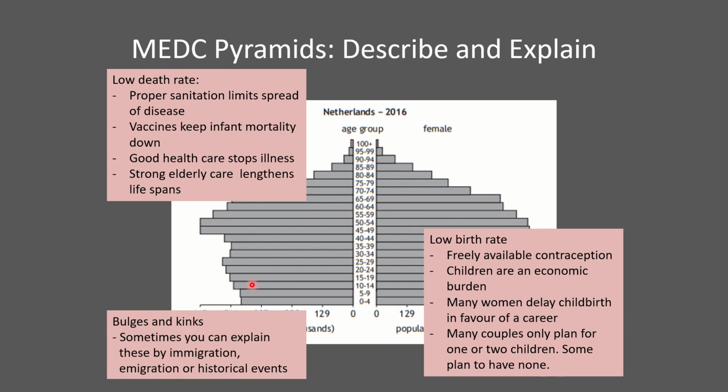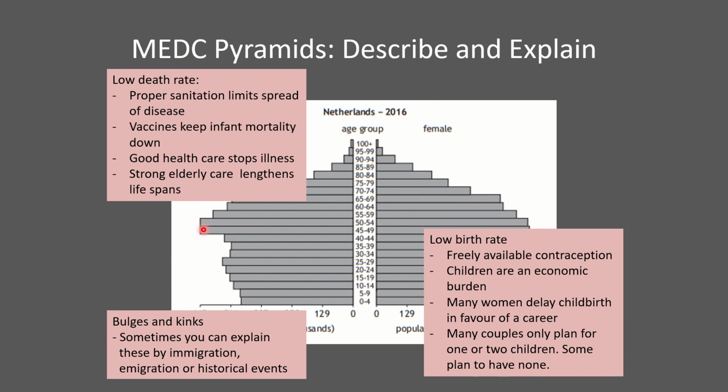Sometimes you'll see that there are odd bulges in the side of a graph. How is it that there's this weird massive number of kind of 45 to 55-year-old males in the Netherlands, for example? This may be due to historical events. Maybe the birth rate in the Netherlands was very high when these people were born, and that explains why this bit's wider.